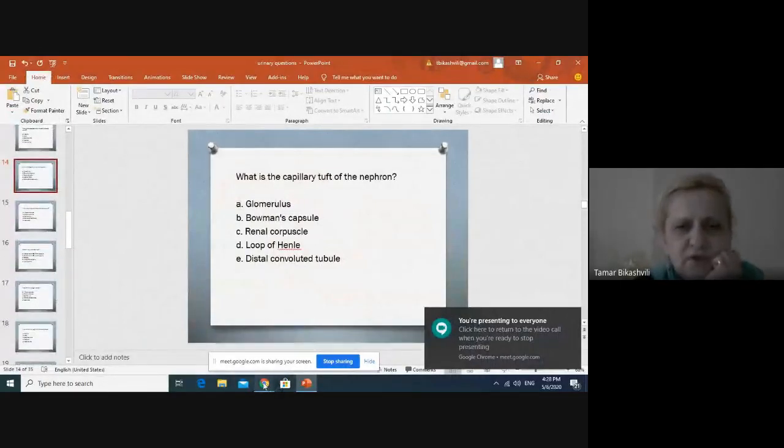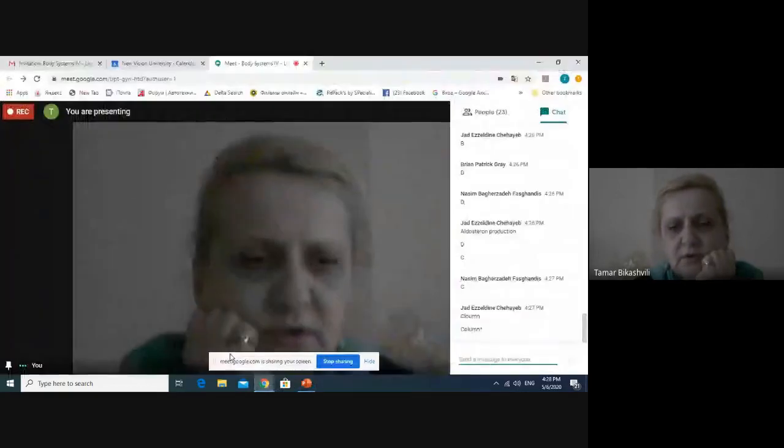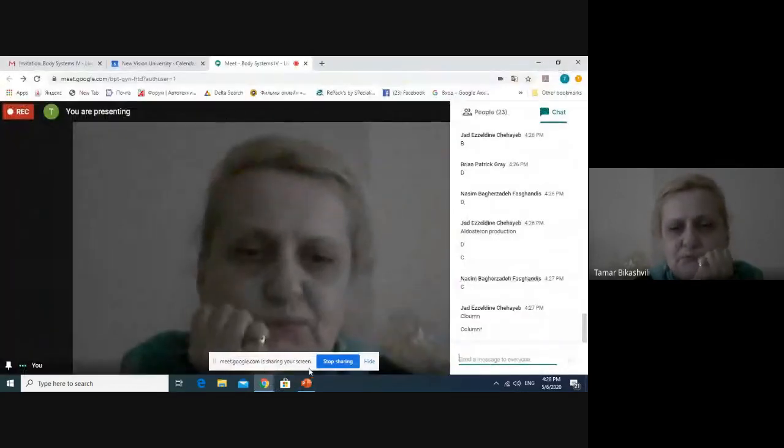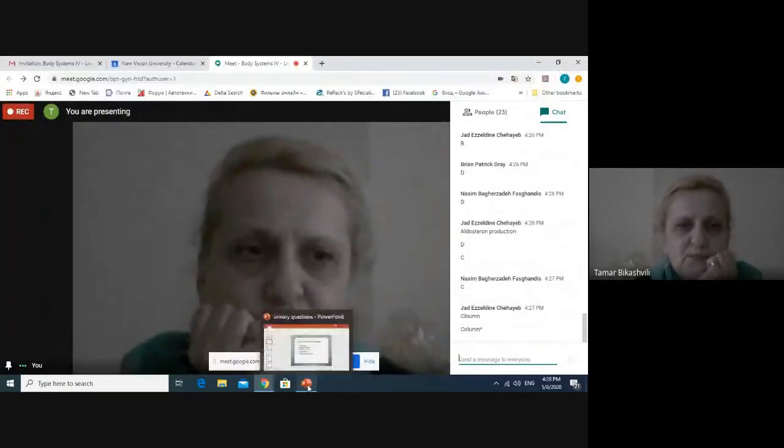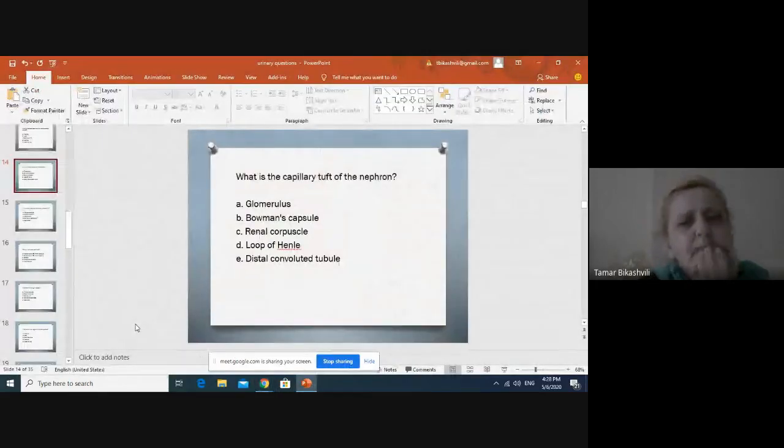What is the capillary tuft of the nephron? Glomerulus, Bowman's capsule, renal corpuscle, loop of Henle, distal convoluted tubule.